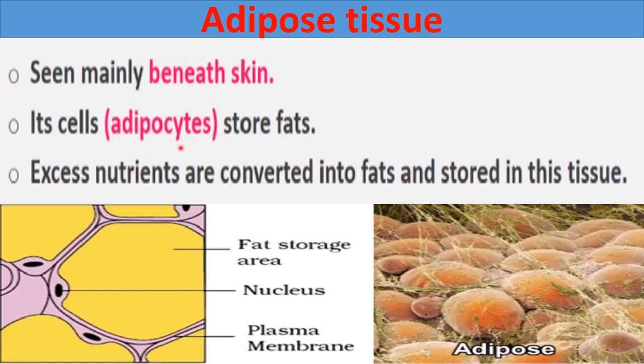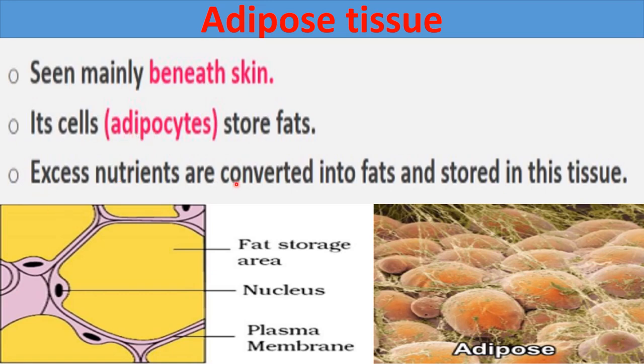So adipocytes are called fat cells. These are the cells responsible for making adipose tissue, and adipocytes are also called fat cells because these cells store fat. That's why they are called fat cells. Cytes means cell and the word adipo represents fats.